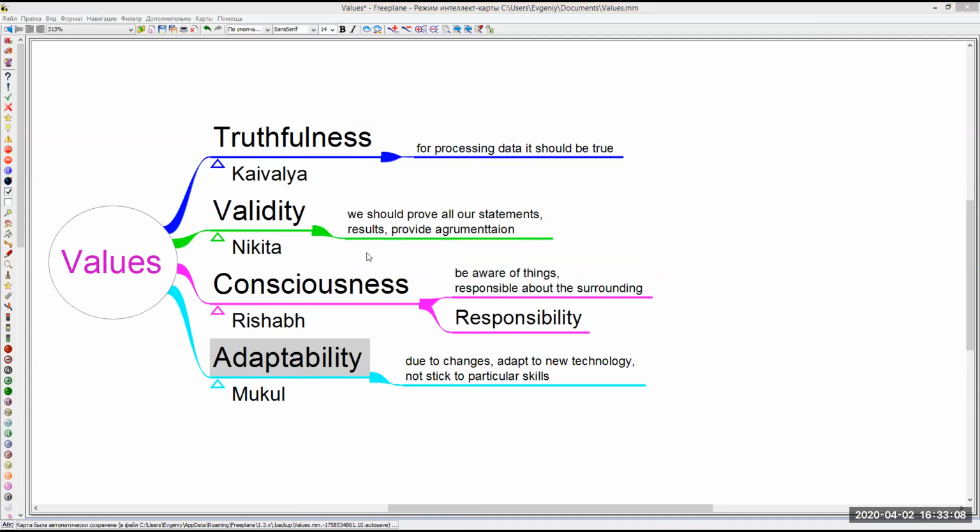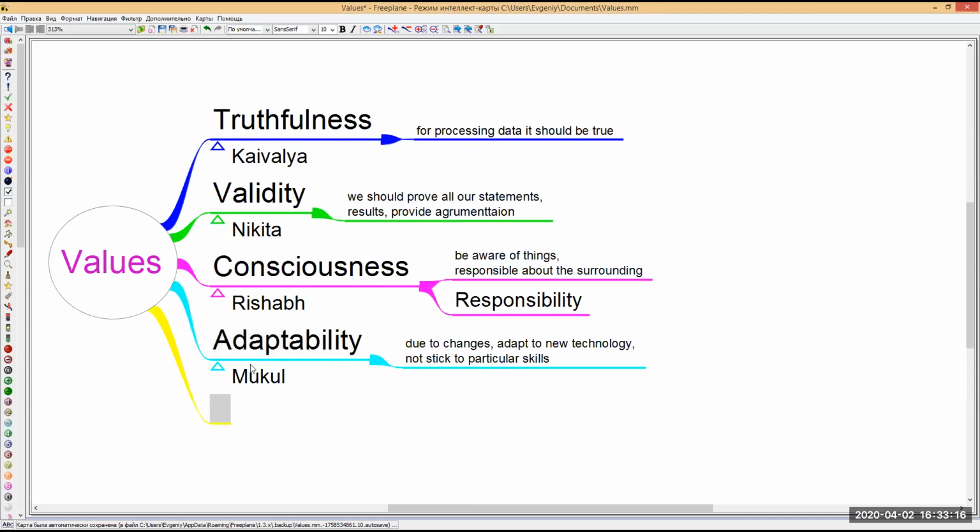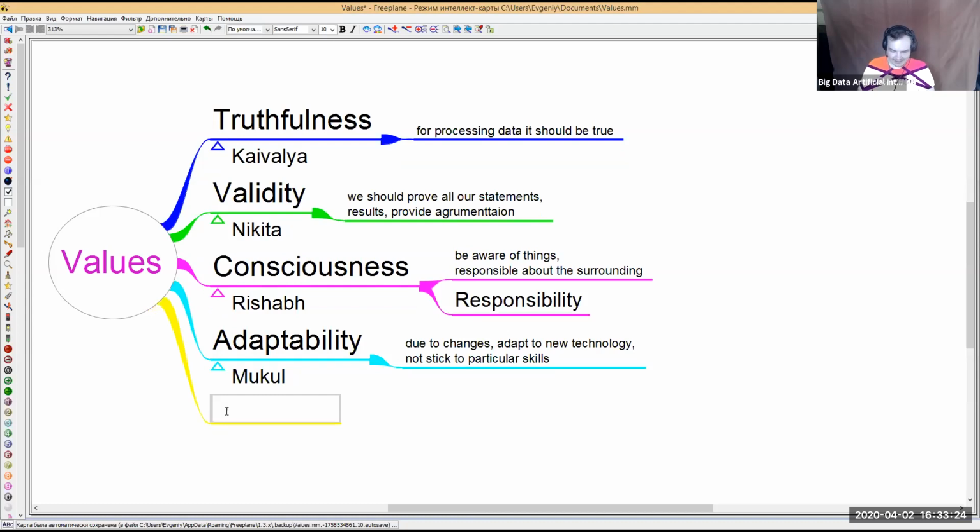Knowledge. Who said this? Me? Like Cavalier, sorry. Okay. Knowledge. Exactly, it's not a property, knowledge. To be knowledgeable.